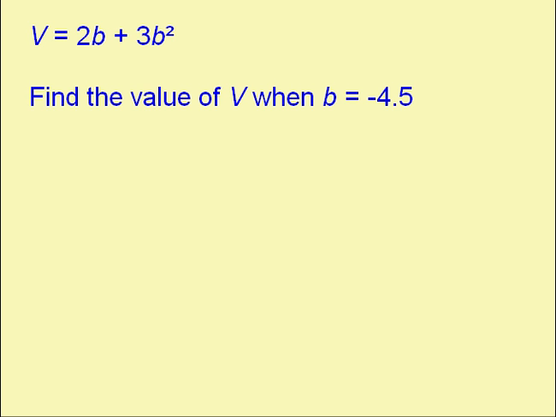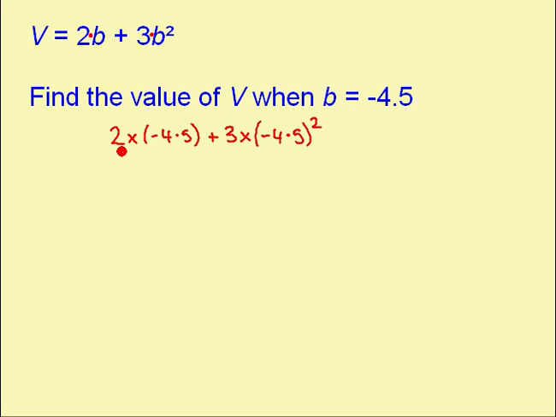Now, even though you're allowed a calculator for this one, you should still do some of the working out. Remember, there's an invisible times sign here and here. So we've got 2 times minus 4.5 plus 3 times minus 4.5 squared.